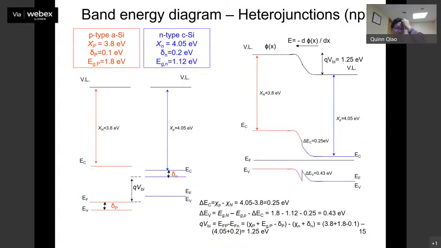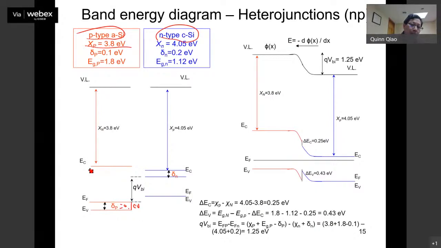The same thing here. I think you can plot it by yourselves. It's very similar to what I just showed you. Now if this band structure is like this, P-type amorphous silicon and N-type crystalline silicon, the electron affinity is 3.8 for amorphous silicon, and how far the Fermi level is above the valence band is about 0.1 eV.